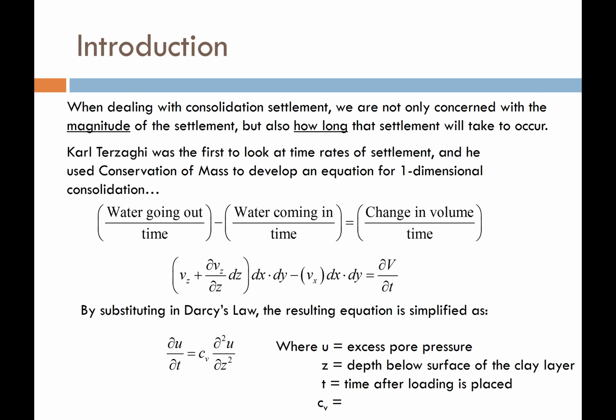So I just want to remind you that geotechnical engineers are not just worried about how much settlement is going to occur, but how long it's going to take for that settlement to occur. Now, our geotechnical hero, Carl Terzaghi, was the first guy to look at time rate of settlement.